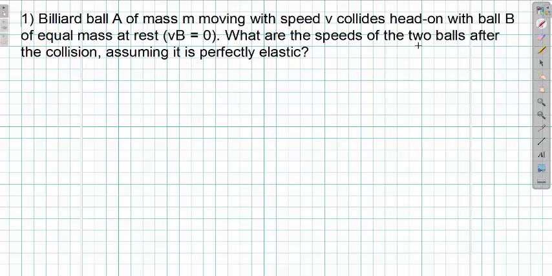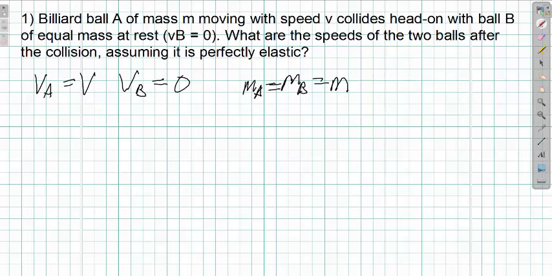So what do we know? We know that the velocity of A equals v. We know the velocity of B equals 0. We also know that mass A equals mass B, and we'll just call it m. Perfectly elastic collision, so we know that conservation of momentum must hold true.